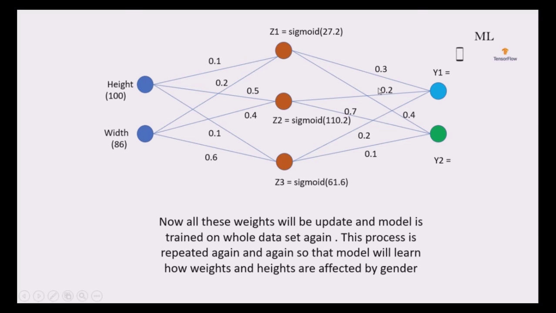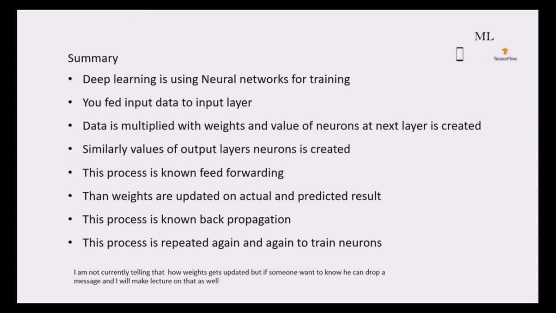So what we learned: feed forwarding, which is actually putting our data at the input layer, then calculating value of neurons in the hidden layer, then finally calculating value of neurons at the output layer. That is feed forwarding. Then based upon predicted result and actual result, we will update these weights. And this process is known as backpropagation. So that is actually the whole process of a simple neural network.